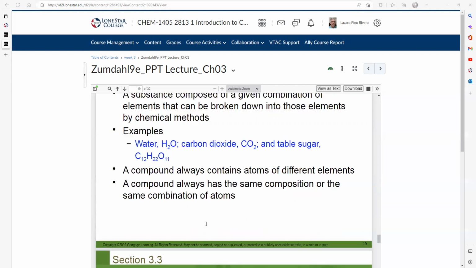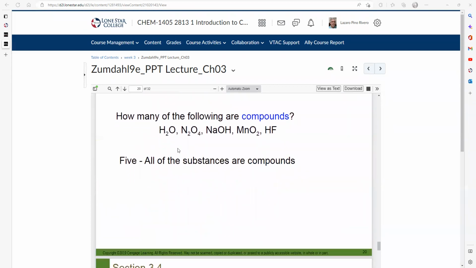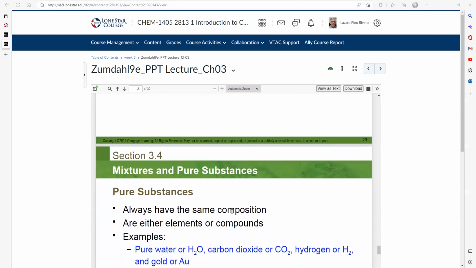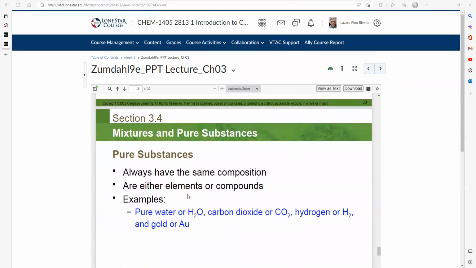This is very, very important. Well, how many of the following are compounds? Water is a compound. Dinitrogen tetroxide is a compound. Sodium hydroxide is a compound, and so on, because all of them are made of two or more types of atoms.